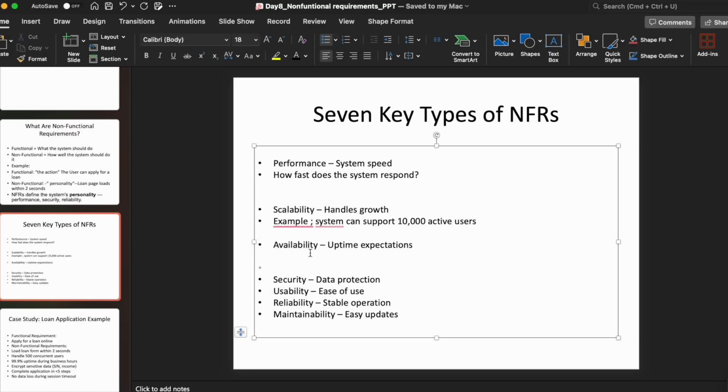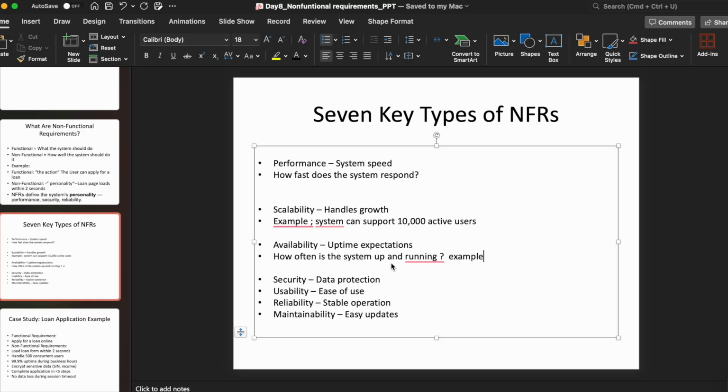Next one is availability. So how often is the system up and running, right?